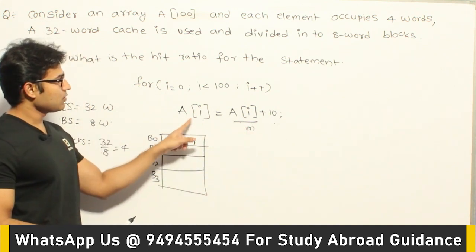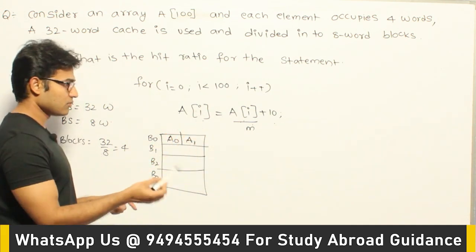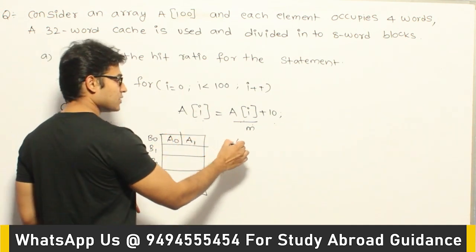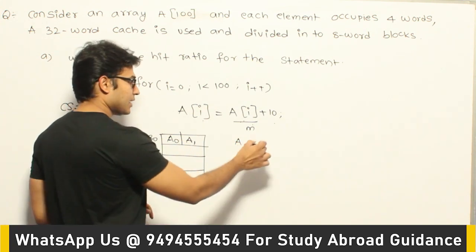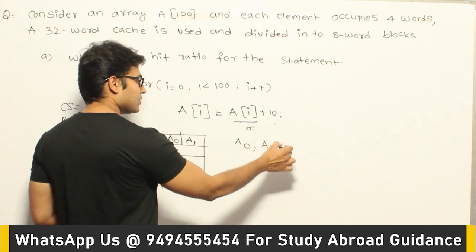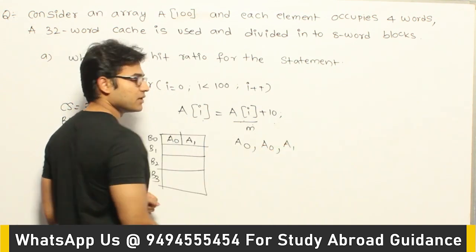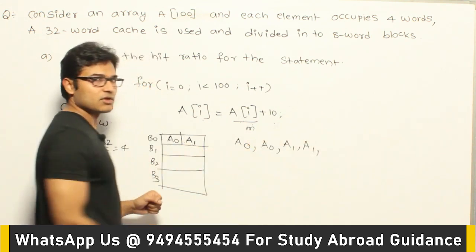But next time when you try to write A0, it is present there. Therefore the references are: A0 is asked first for reading, and again A0 is referred for writing, right? And next one asked is A1 for reading and again A1 for writing. So this is the way the references are.